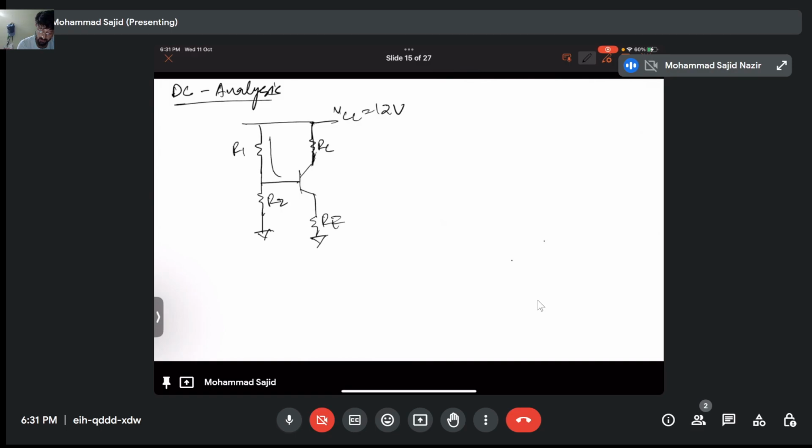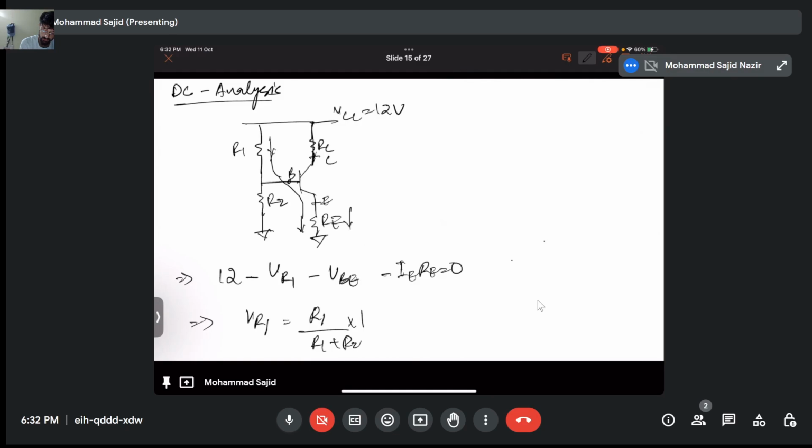Okay, what we will do is we'll follow a KVL from this region to this region. This is emitter, this is collector. So if I do a KVL here, this will be 12 minus the voltage drop across R1, minus VBE, minus the current IE flowing here times RE, equal to 0. We can write VR1 as R1 divided by R1 plus R2 multiplied by 12.